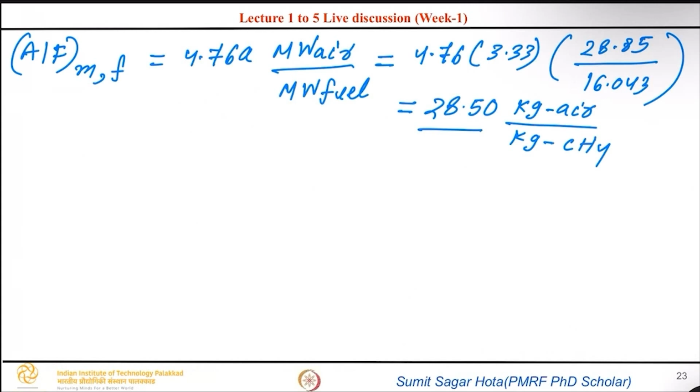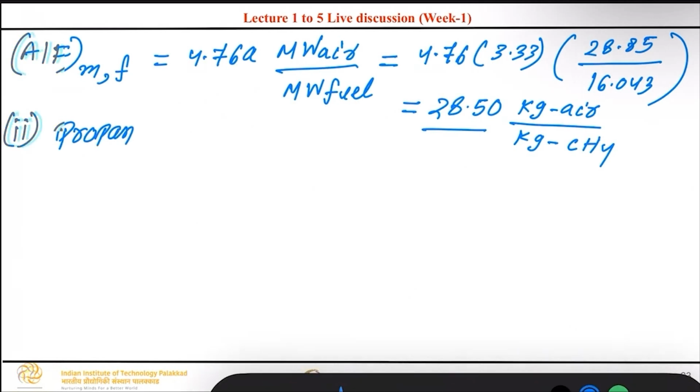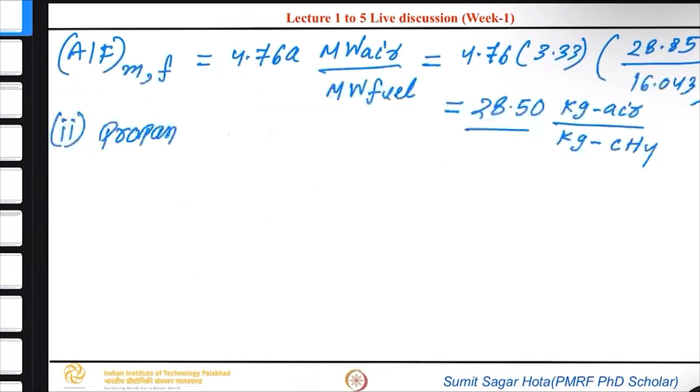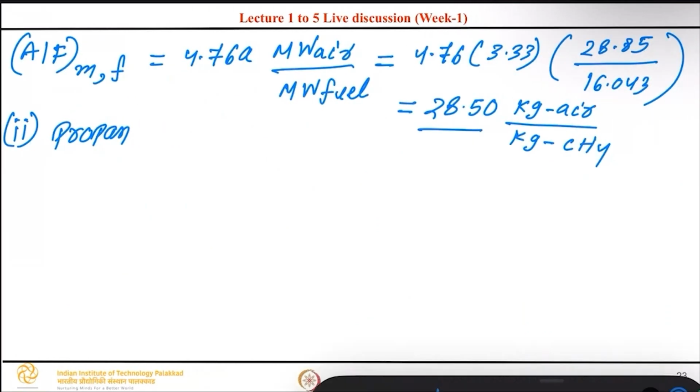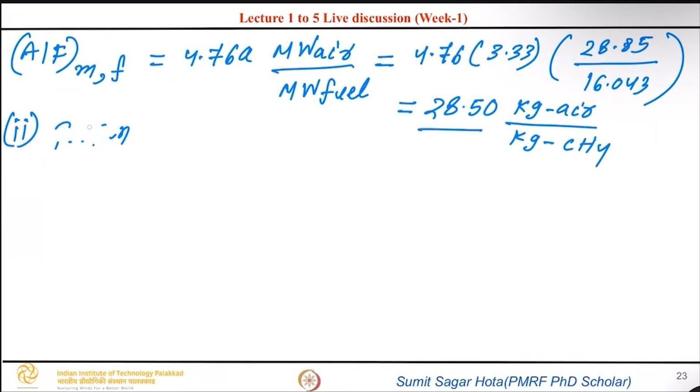Now the second one is propane. Just directly write down the symbols so that you become acquainted with them. Writing the name is also good, but you should learn all the symbols, even for very higher hydrocarbons.